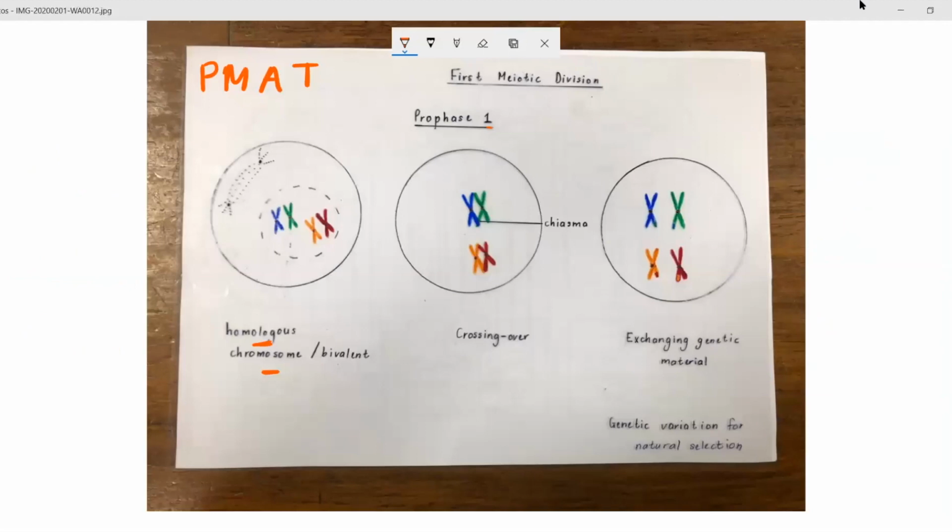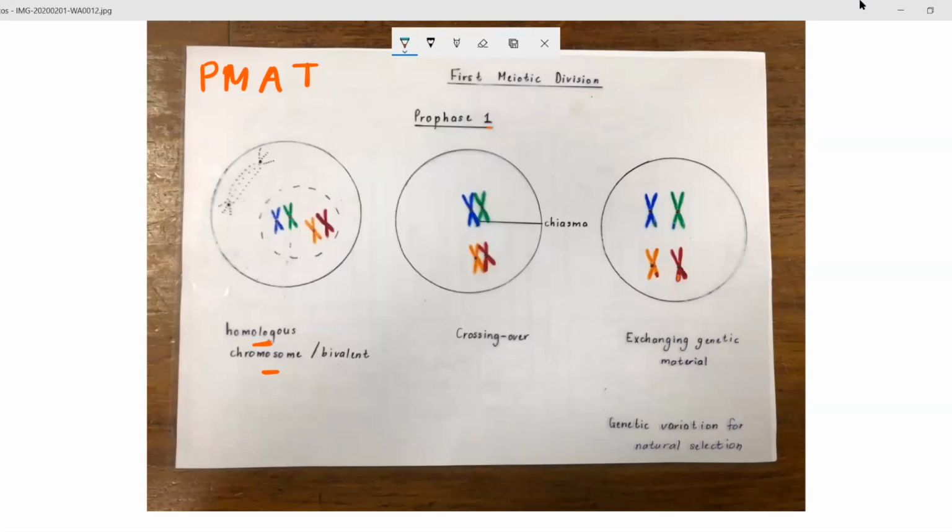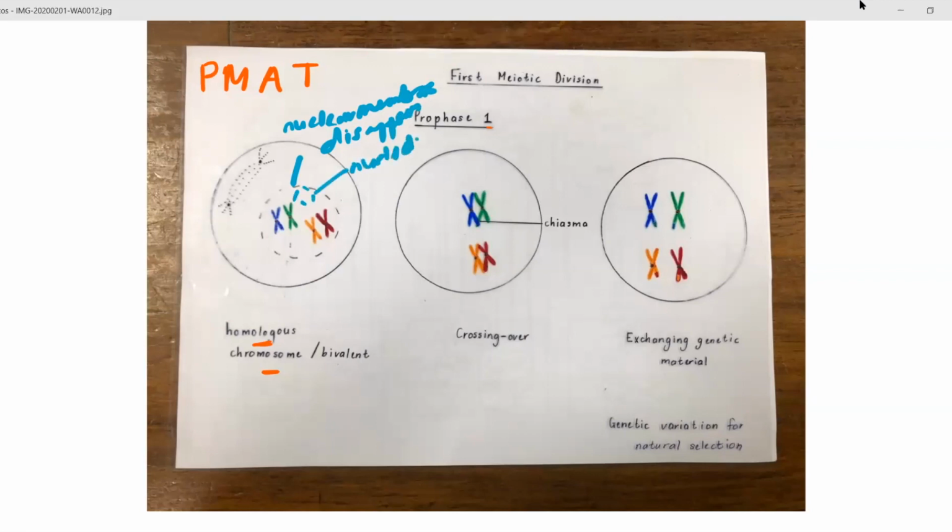So what you see here, in prophase I, homologous chromosomes are forming. Okay? And here, this dotted line is showing you that that is the nuclear membrane that's disappearing. Disappearing, that's why it's a dotted line. And what you don't have here is the nucleolus is also disappearing.